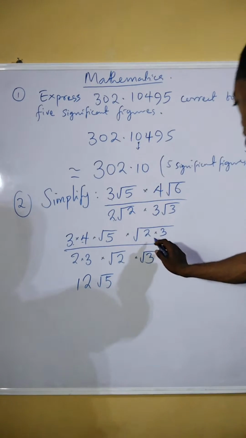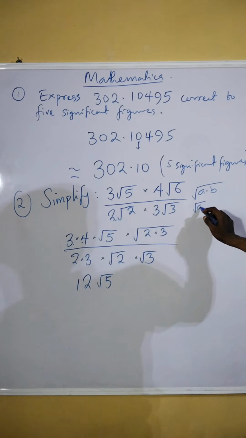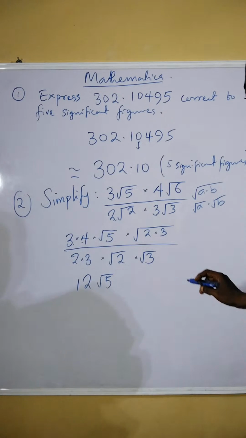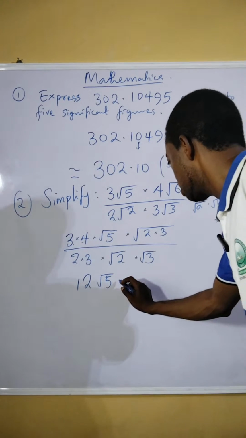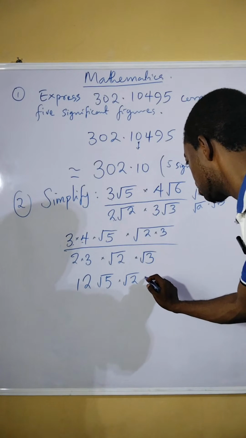Then we can break this: when we have root a times b, we can separate this as root a times root b. So here, this becomes times root 2 times root 3.